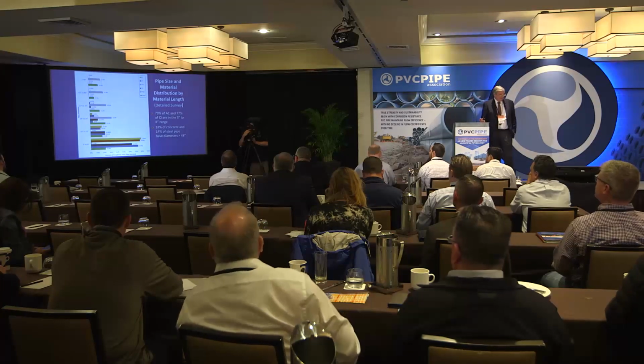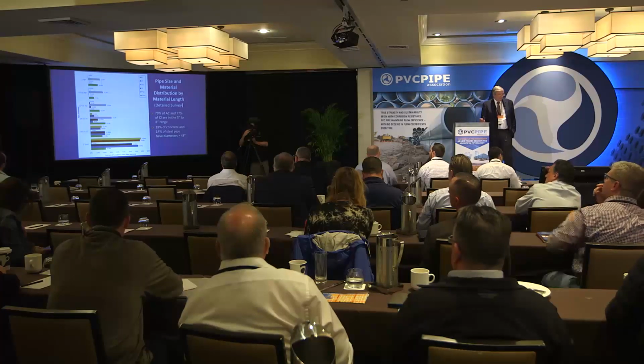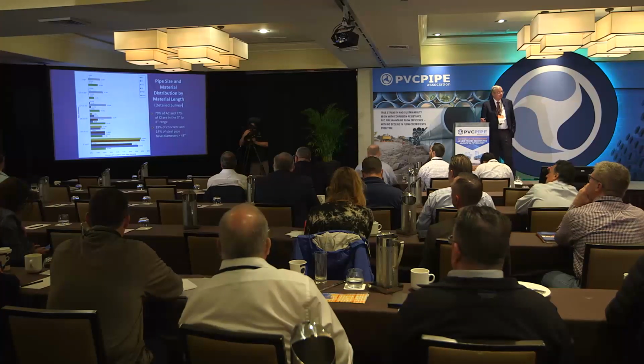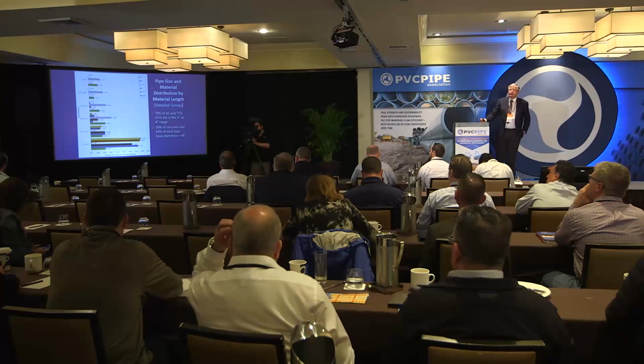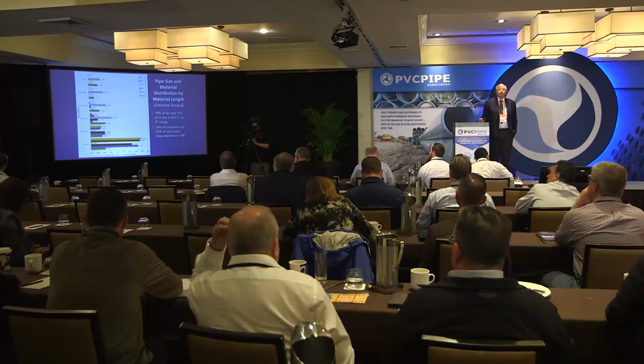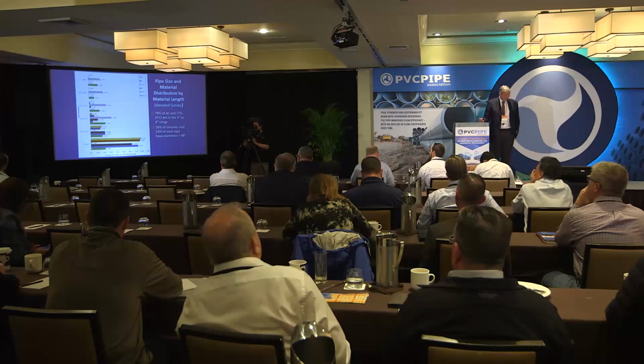All right, here is a size and material distribution. And this is significant because we're going to be looking at replacing ductile iron and cast iron or asbestos cement pipes. Those are the two materials that are going to need to be replaced.